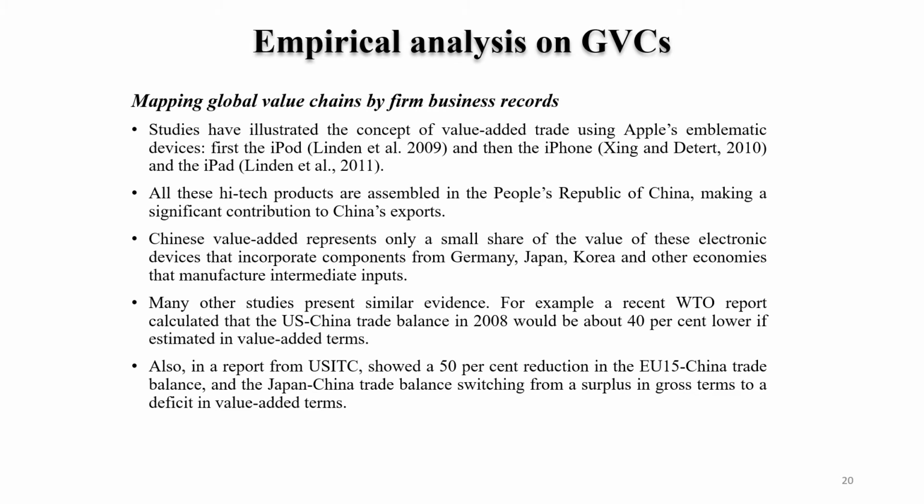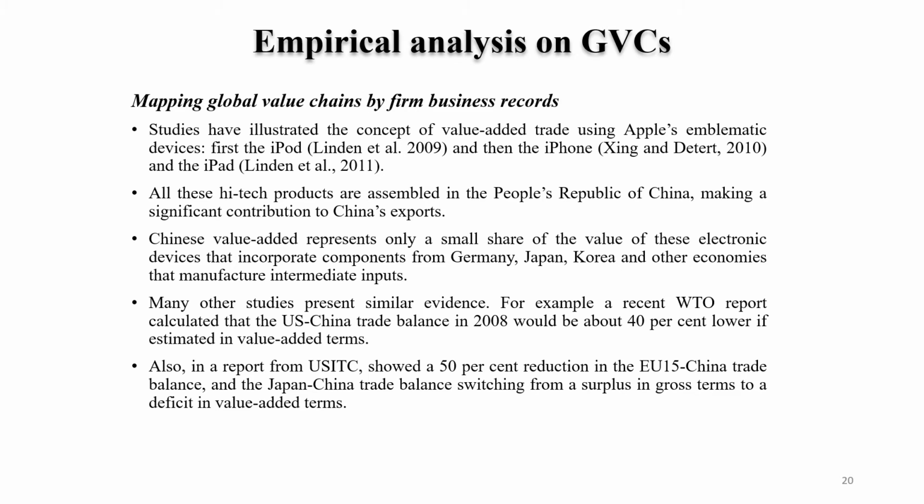Several studies have found that if you are able to separate the values at every stage, then we'll be able to correct the problem of double counting in the gross value of trade. For example, a WTO report calculated that the US-China trade balance could be 40% lower if we estimated the data in trade in value-added terms.